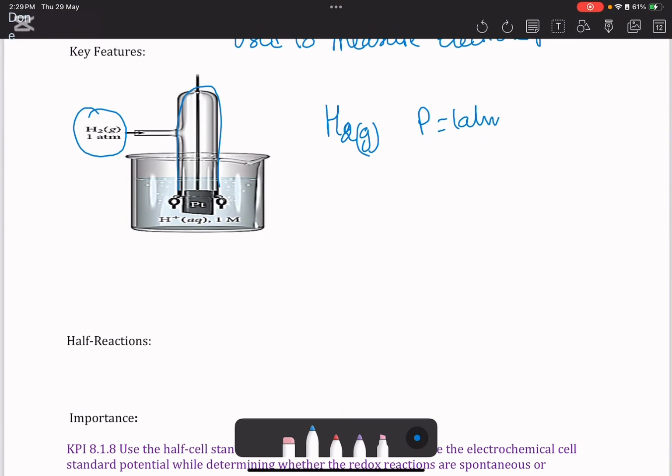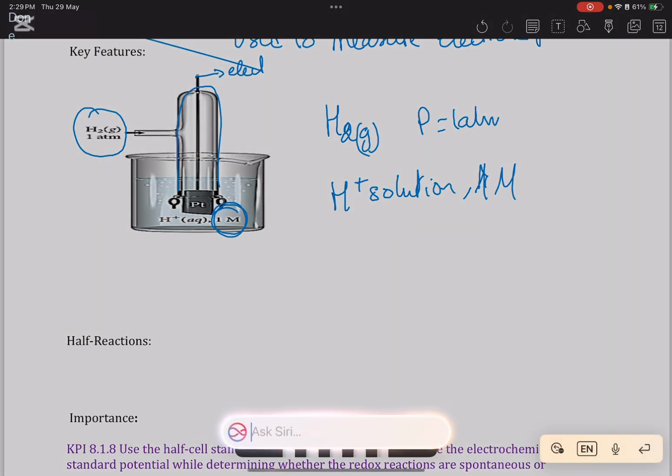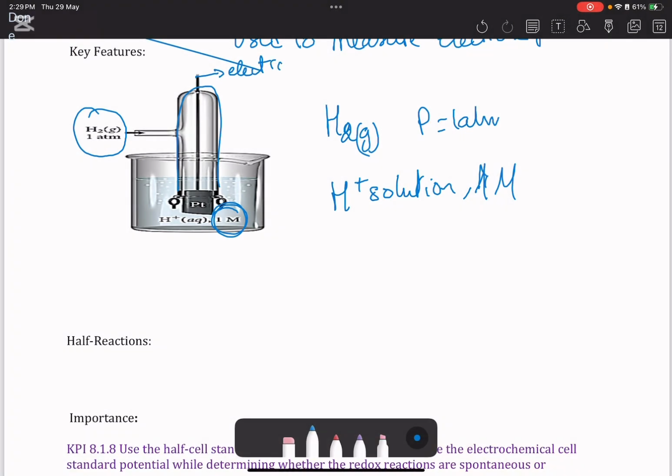So immersed, I have an acidic solution, or if you didn't know that this is acidic, you can just say an H+ solution having a 1 molar concentration, and there is a long rod electrode of platinum.